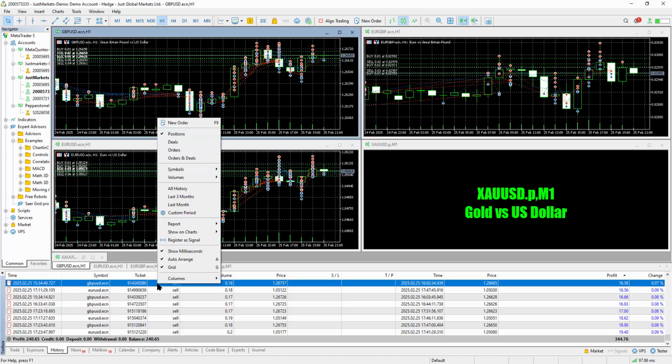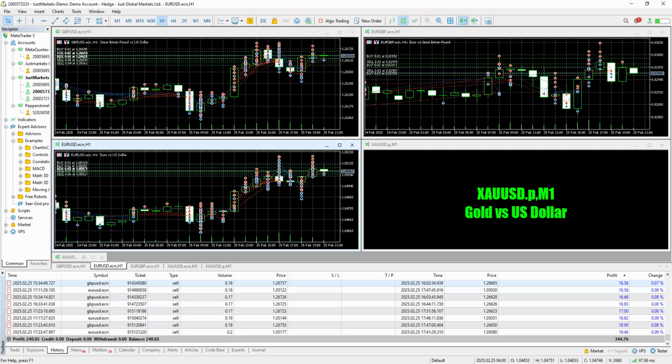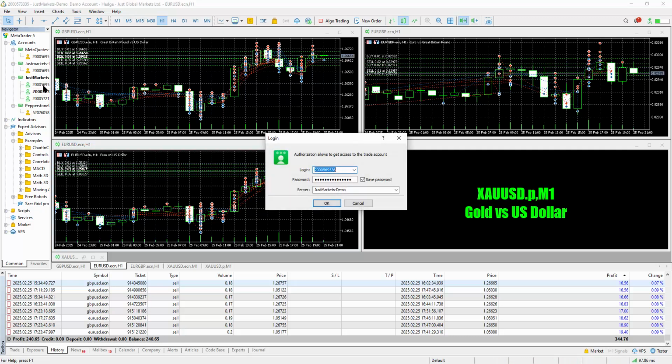If we go to this, let's look at the gold on the sim side, the demo side. Same gold that we have on the live. Let's look at the demo.